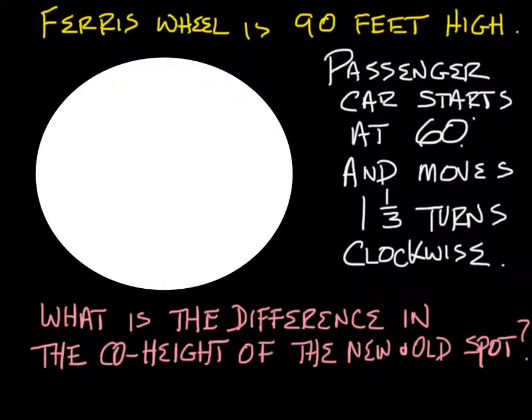Alright, we start at 60 degrees, which we will say is here. 60 degrees, and we'll draw a triangle down like this. That's where it starts, and then it's going to make a turn clockwise, 1 1/3 turns. So it's going to start here and go back around this way, and then it's got to go another third of a turn.